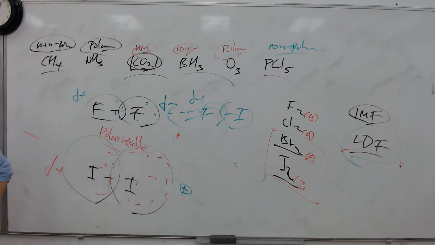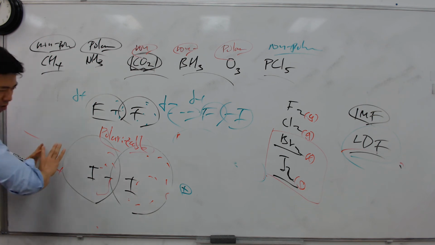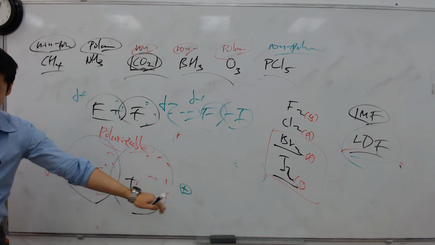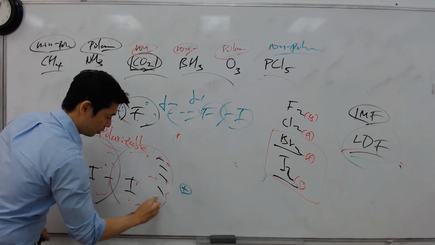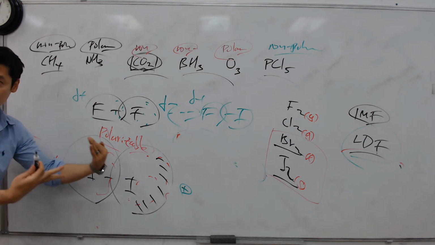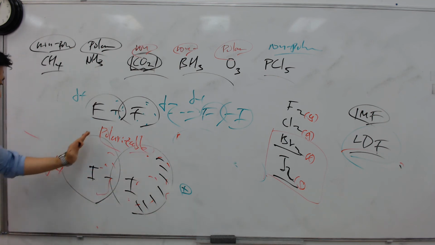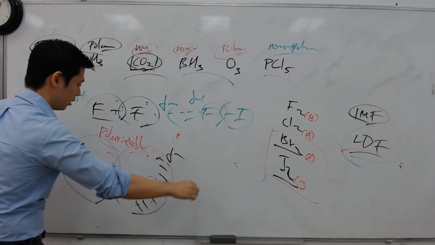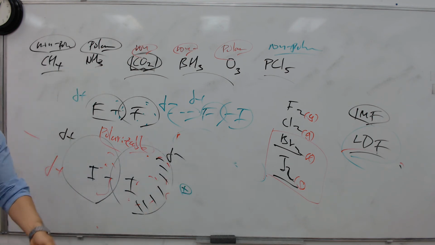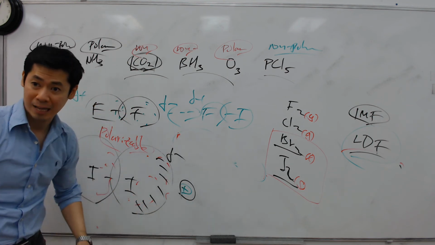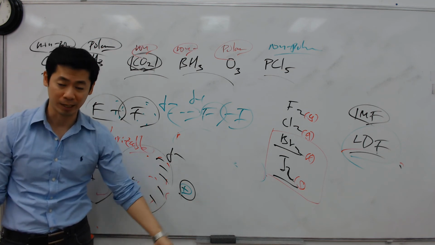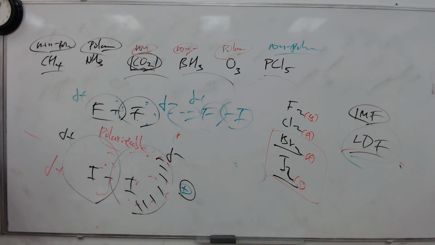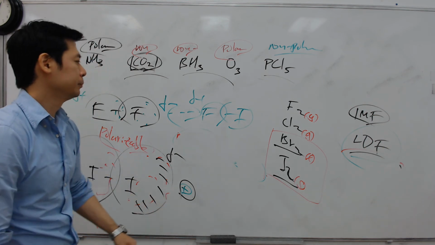The electrons will all gather toward the positive charge, so all the electrons will be more on this side. That induces polarity within the molecule, partial negative here and partial positive there, induced by this charge. That's what they call an induced dipole. I think that's one of the terms I've seen on past APs, so it's good to know.